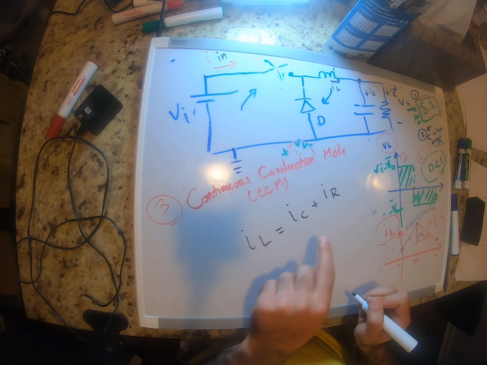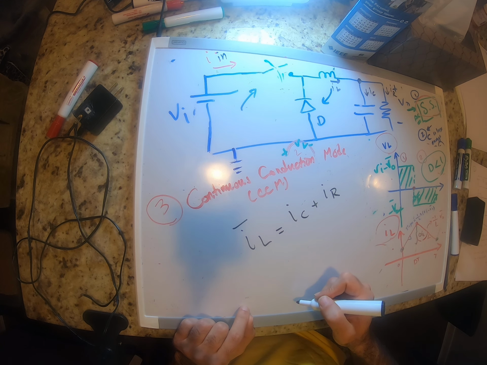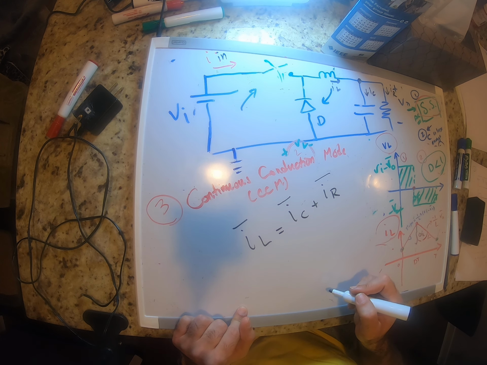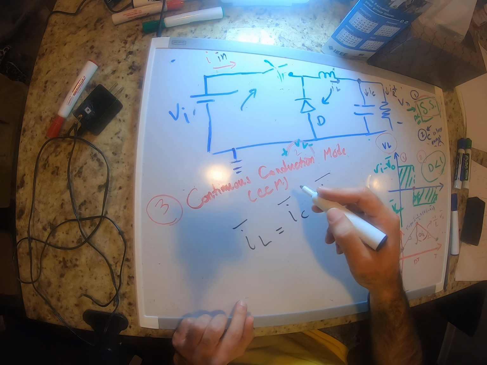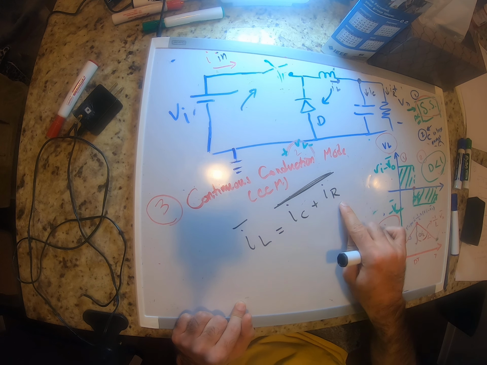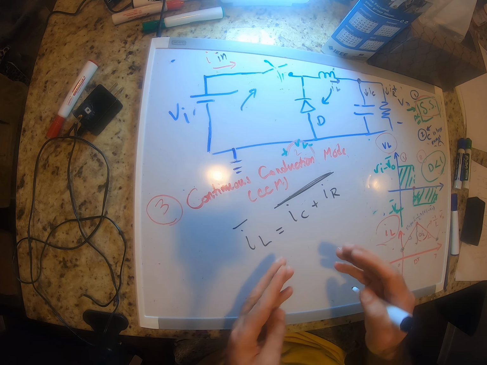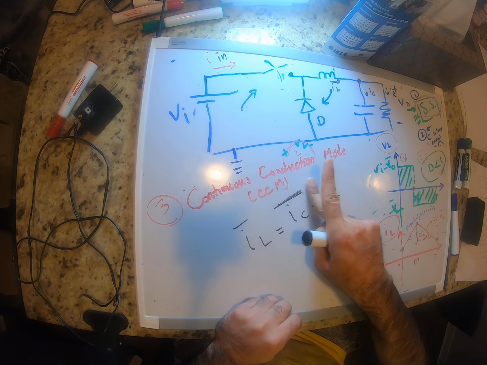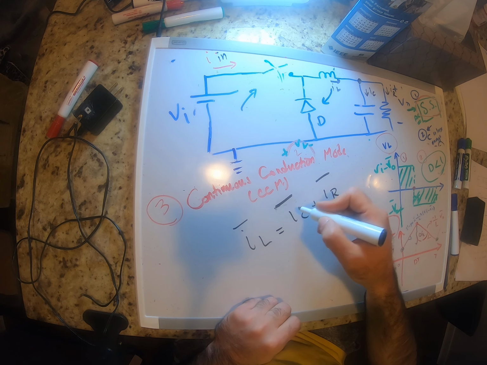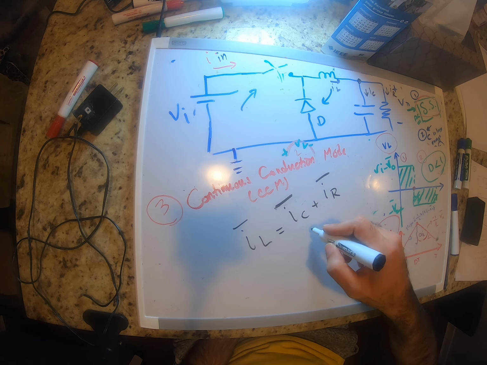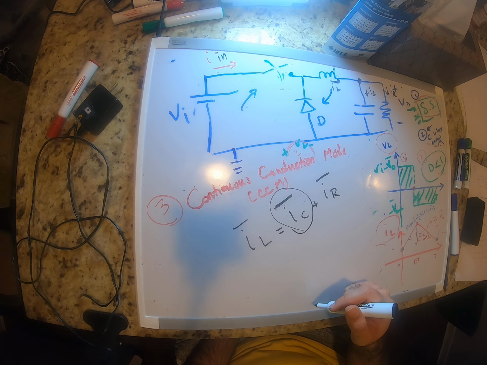If that's the case, it means that the average of IL is also equal to the average of IC plus the average of IR. These are two integrals, and you can separate them. So this is how we can write this: average of IC plus average of IR. What's the average of the current that goes through the capacitor over one period, based on the amp-second rule?